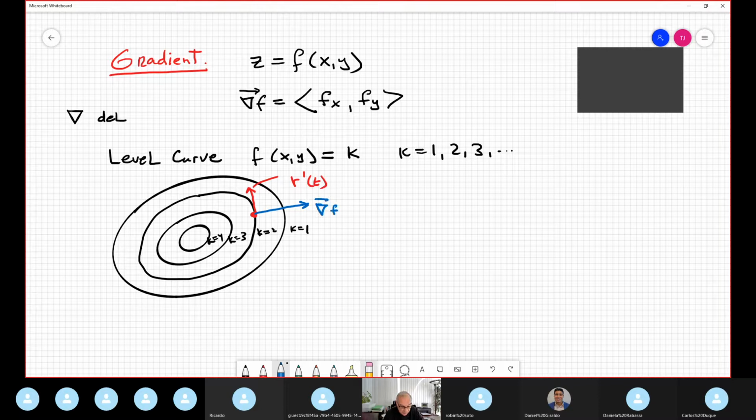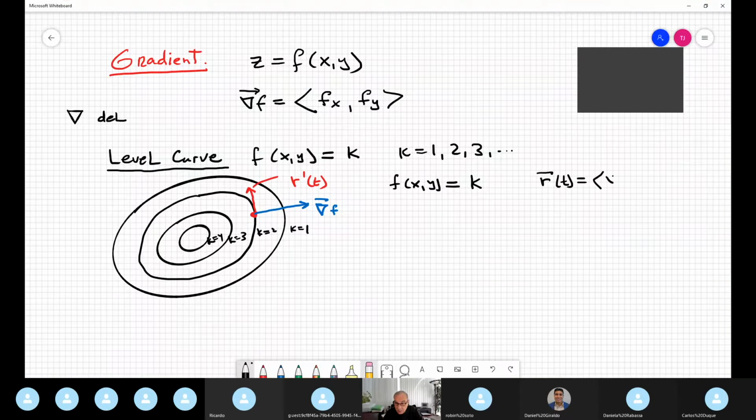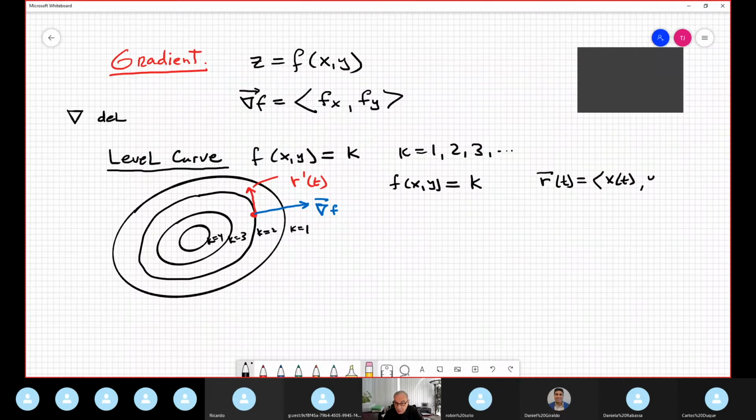The proof of this is relatively easy. Let me do it quickly because I don't like the proof. Suppose that f of x, comma, y is equal to a constant on the level curve. Now I define one level curve using a vector valued function like that, r of t equals x(t), comma, y(t).